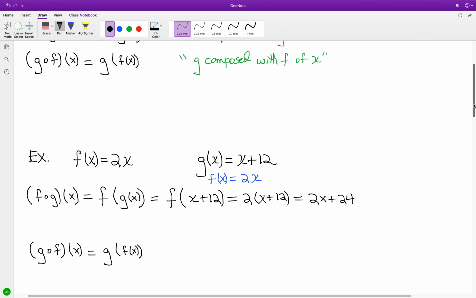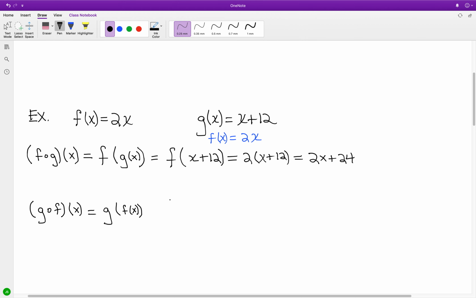Now, if I reverse the order and I'm looking for g composed with f of x, so we have g of f of x. Now we have f of x, 2x, is now going to be the input. And in terms of the follow-through, now we have g is going to be the output function. Now the follow-through will be in the manner of g of the input is equal to the input plus 12.